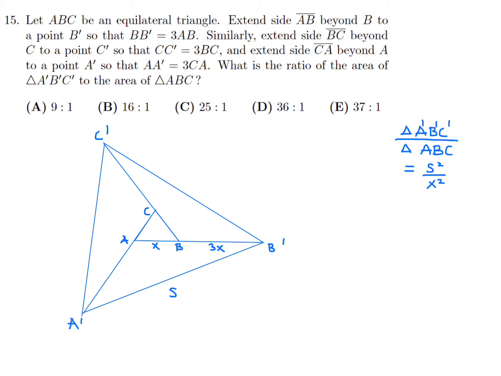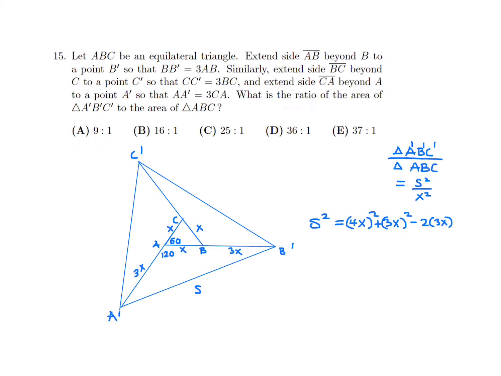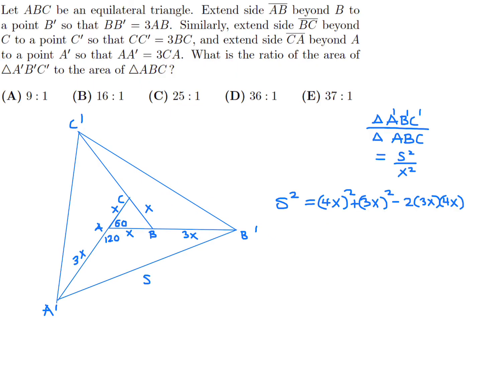Okay. Well, what is S? Well, this is X, this is X. It's an equilateral triangle. So therefore, this is 3x. And since it's equilateral, that's 60 degrees. So therefore, this angle is 120 degrees. So I can use law of cosines to find S. S squared will be 4x squared plus 3x squared minus 2 times 3x times 4x times the cos of 120.